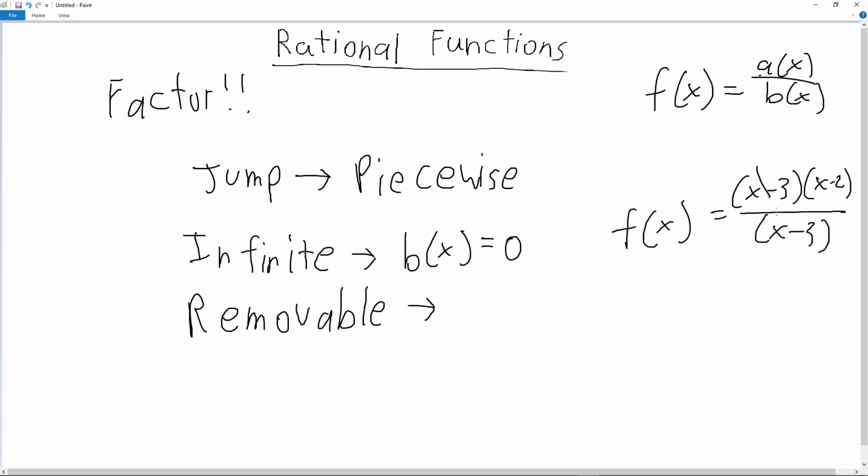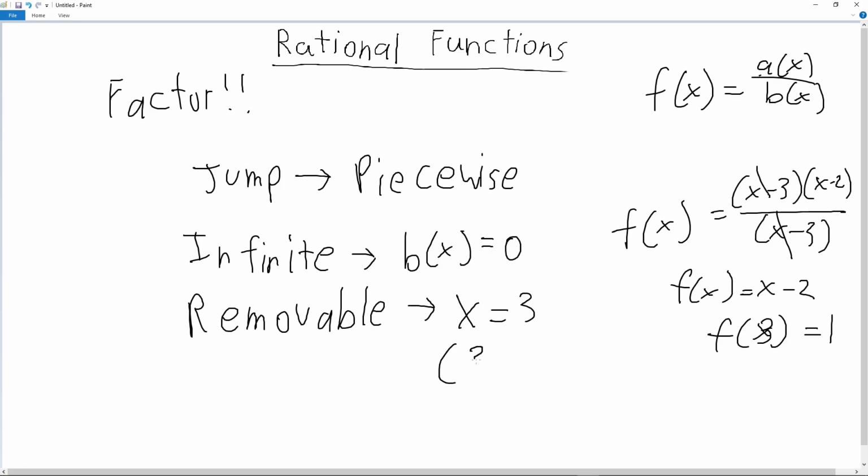So that means you can cross these out, and you will know that there will be a hole at x equals 3. Then once you get rid of this, your new function will be x minus 2. You can plug 3 back into here, and you can find the y value of the hole: f of 3 is equal to 1. So that means that the hole is at 3, 1. And that's how you find the three types of discontinuities.